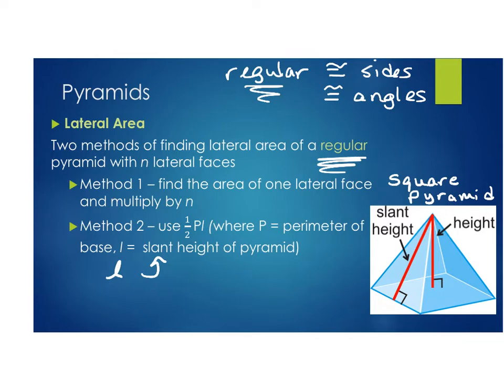So you could do either method. So the first method, in this case, if we were to do method 1, we would be finding the area of one of the triangles, which is 1/2 base times height. And in this figure, since it's a square pyramid, we would times that total by 4. So however many lateral faces you have up at the top, that would be the value of n.